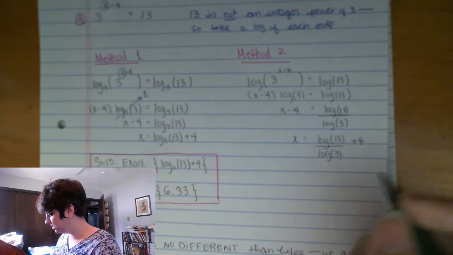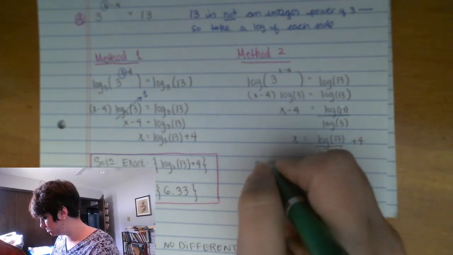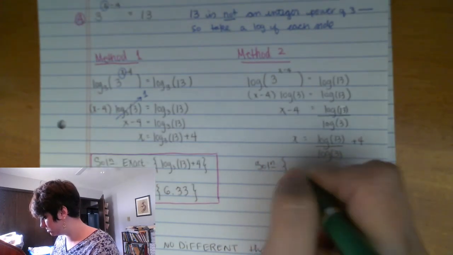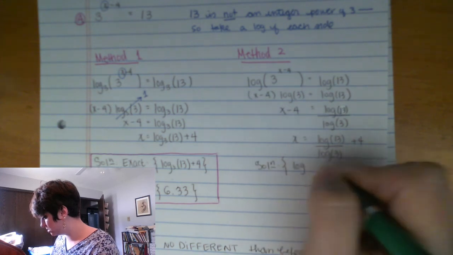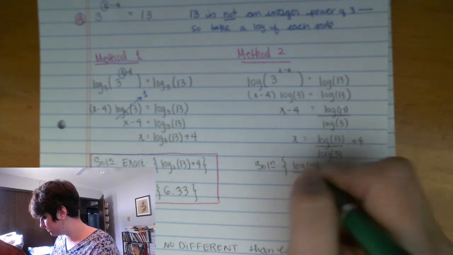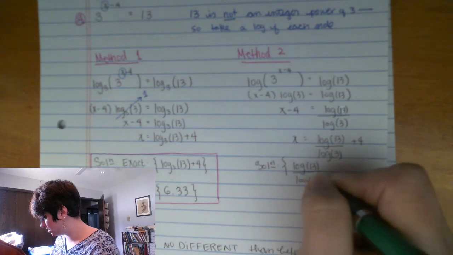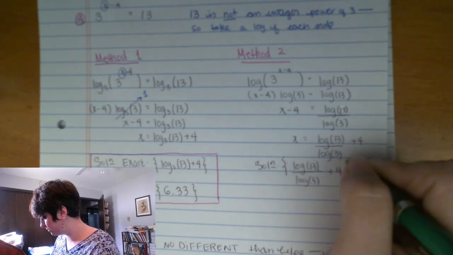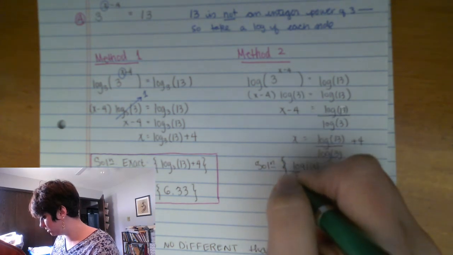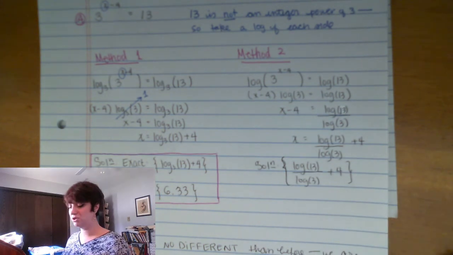All right, so that would be your solution. Log of 13 over log 3 plus 4. So it looks a little bit different than the last one, but it's still the same answer.